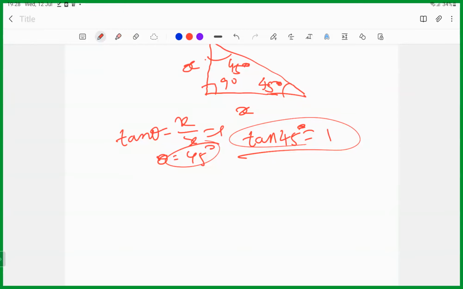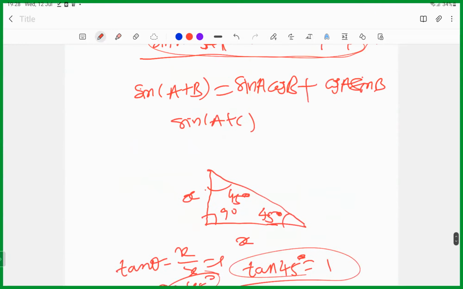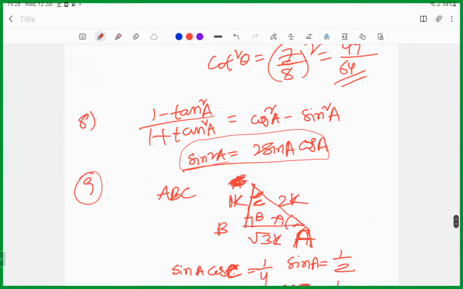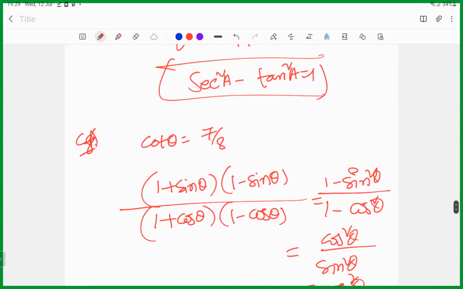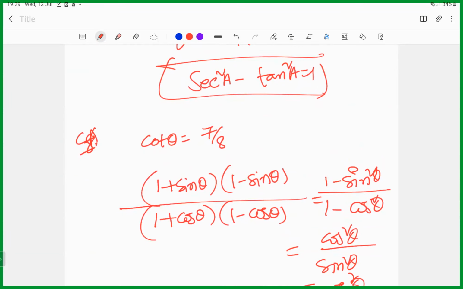Cosecant square minus cot square equals 1. Also, 1 minus tan square A by 1 plus tan square A equals cos square A minus sin square A. Also we have learned 1 plus sin theta into 1 minus sin theta by 1 plus cos theta into 1 minus cos theta equals cot square theta.